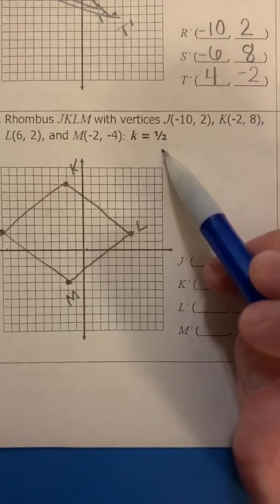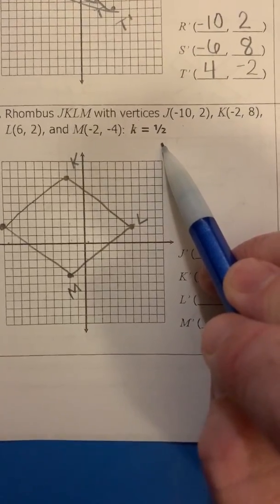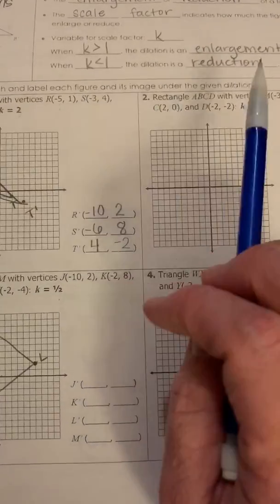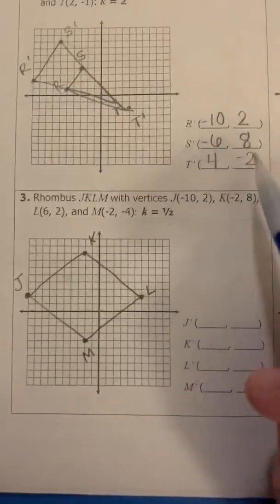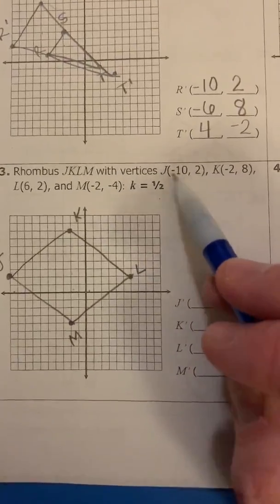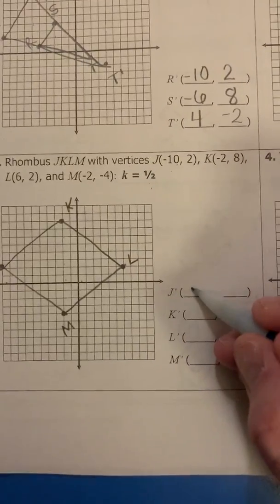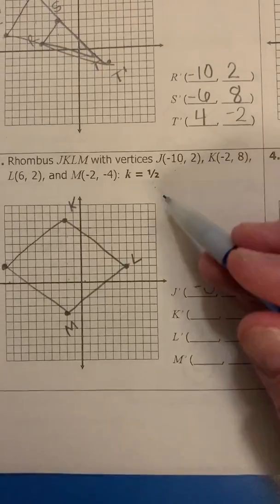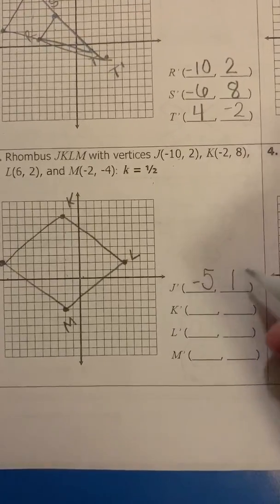Now I'm going to multiply everything by a scale factor of 1/2. That tells me, since it is less than 1, that I should have a reduction. So negative 10 times 1/2 is going to be negative 5. 2 times 1/2 is 1.